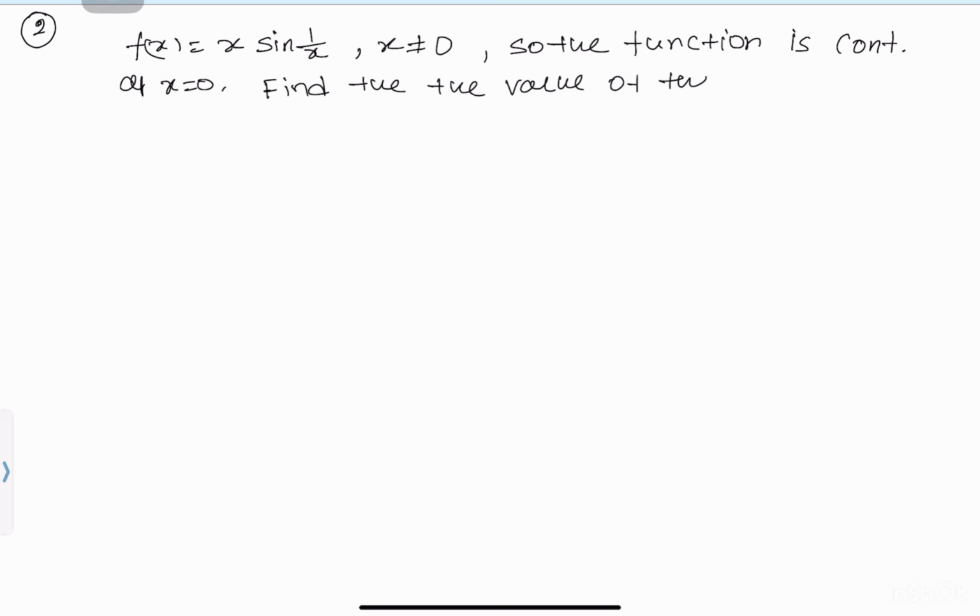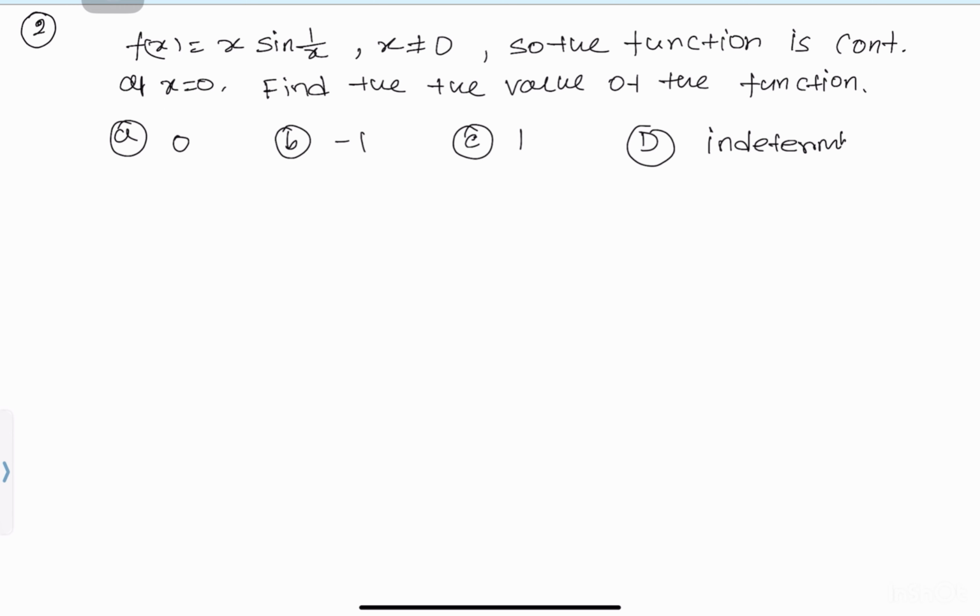Given that, try to understand. The options are a) 0, b) minus 1, c) 1, and d) indeterminate. So the given function is x sine 1 by x, so that the function is continuous at x equal to 0. Find the value of the function.